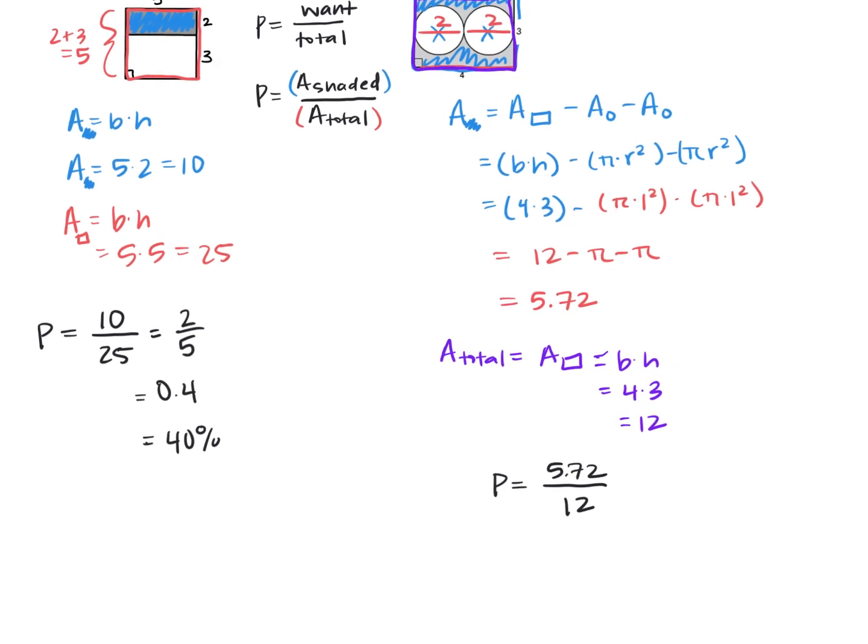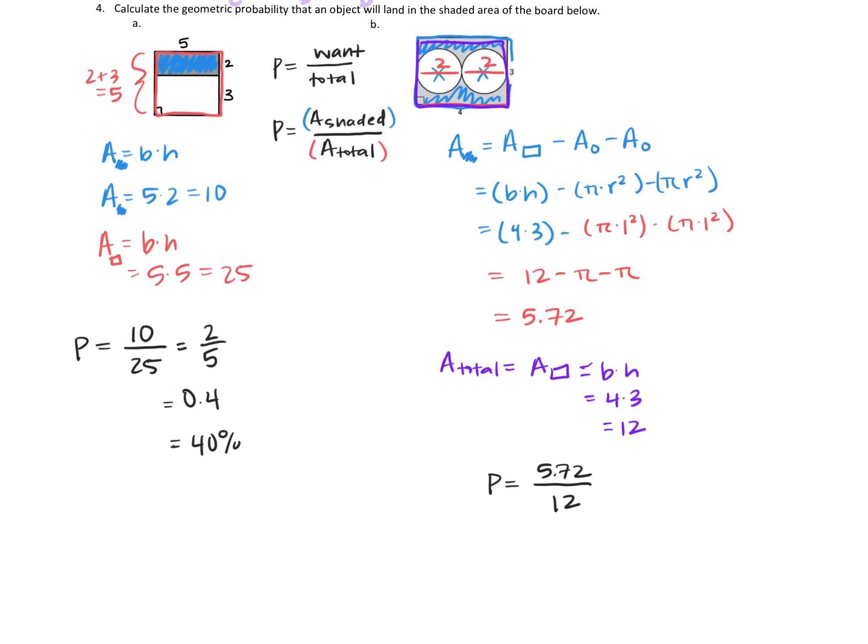If I were leaving my answer as a fraction, this is where I would stop. If I'm converting it to a decimal, I'm going to type 5.72 divided by 12 into my calculator. Rounded to 2 decimal places, that's 0.48, which is 48%.